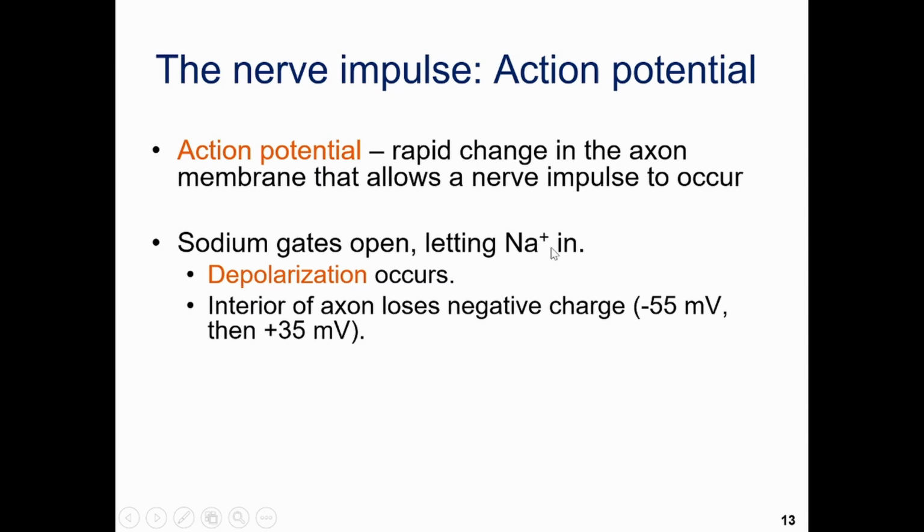So if we flood in something that has a positive charge, we're going to change the charge on the inside of the axon. Remember, it was negative 70. It's going to change to negative 55 up to positive 35. So we've gone from a negative charge inside to a positive charge inside. And that's really one of the big things that's going to allow this message to travel along the axon.